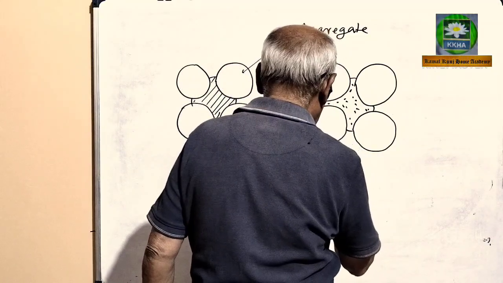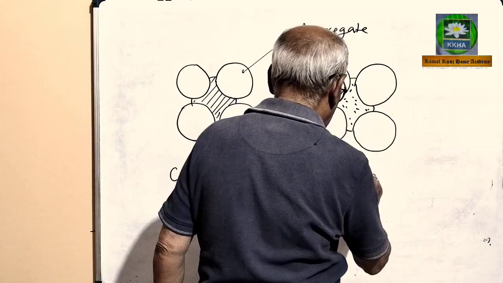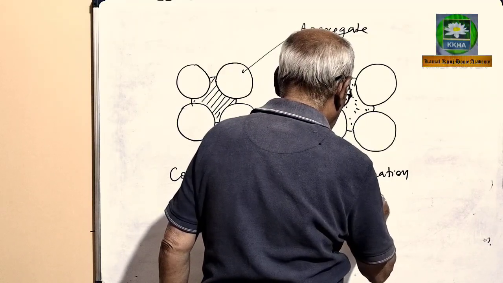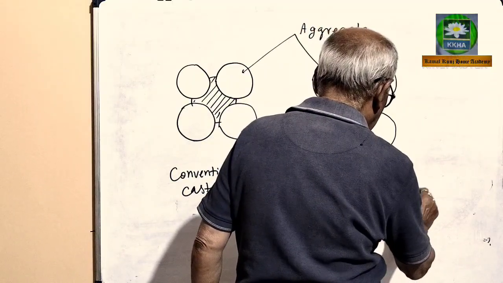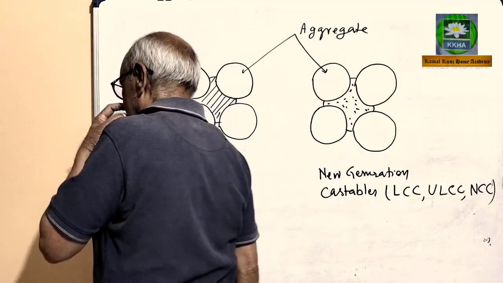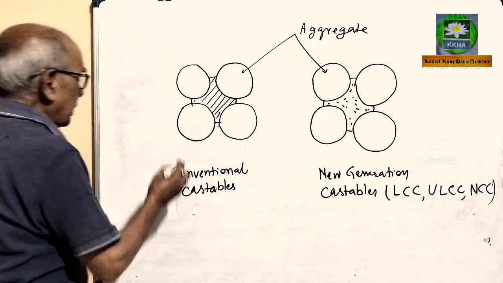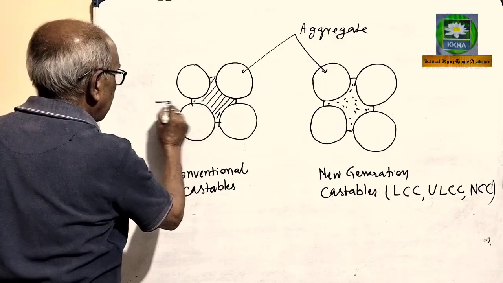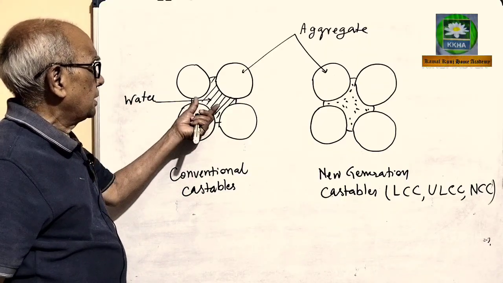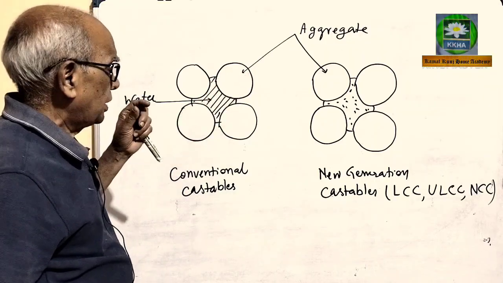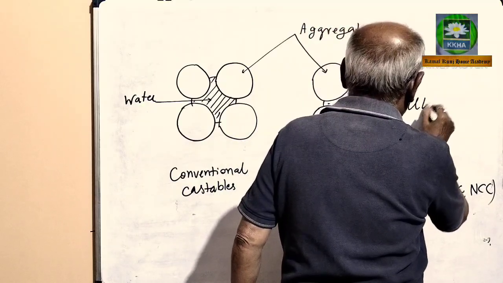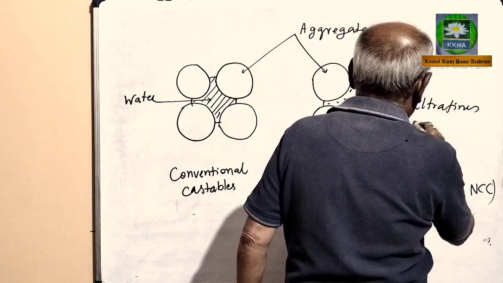And this is the concept of new generation castables. New generation castables are LCC, ULCC, ultra low cement castable, NCC, no cement castable, or ZCC, zero cement castable. Whereas in new generation castables, void spaces are filled with ultrafine particles.